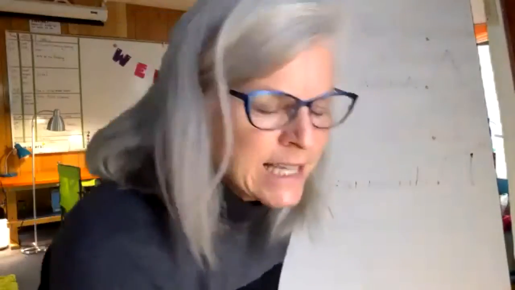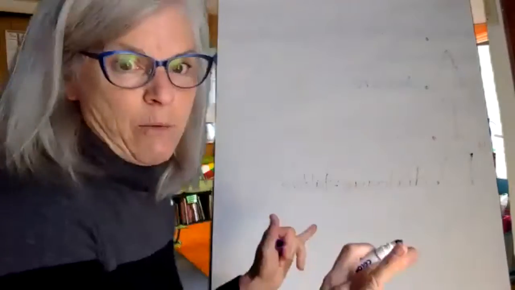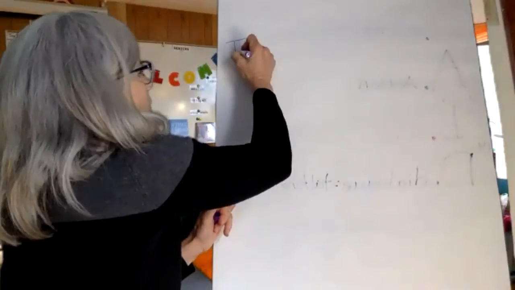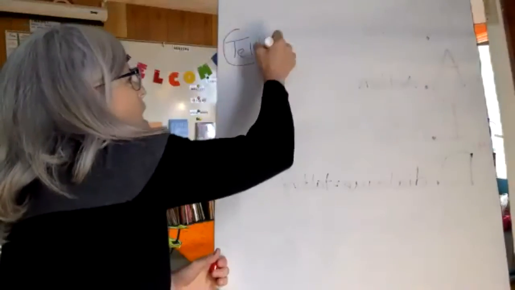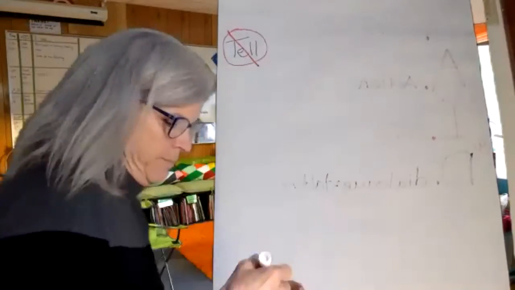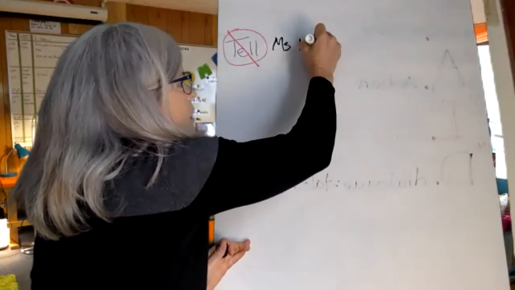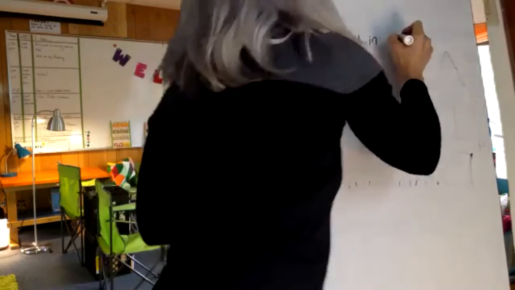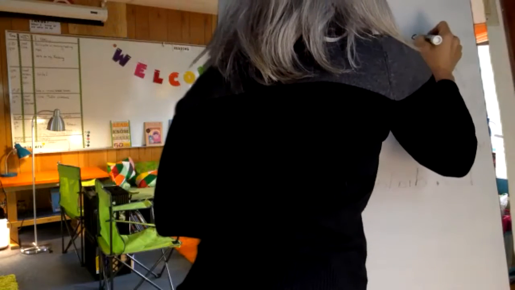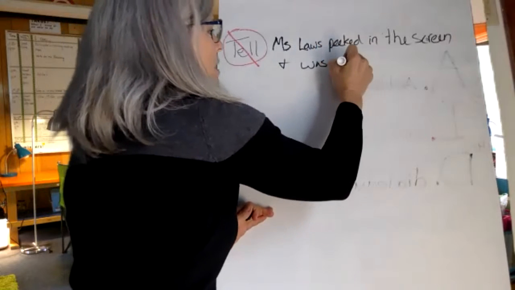Ready? Scene. So if Ms. Laws were writing what I just did, if I were going to tell it, so this is not what I want you to do. We don't tell, okay? If I were going to tell it, and I'm going to say, don't do that, I would say, Ms. Laws peeked in the screen and was embarrassed.